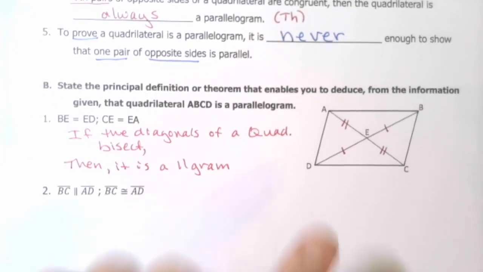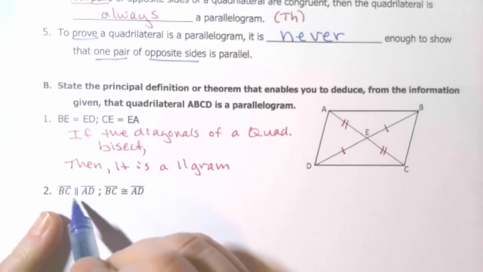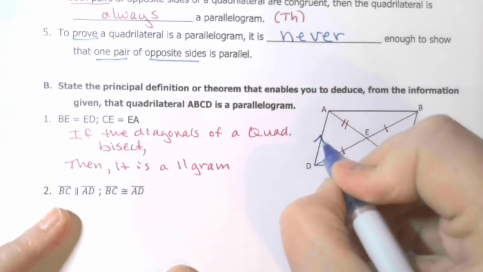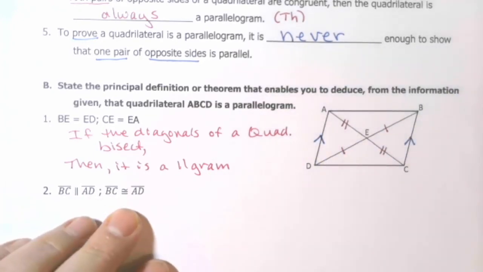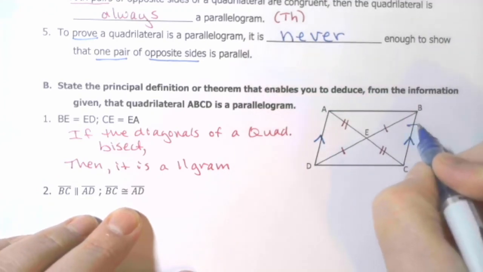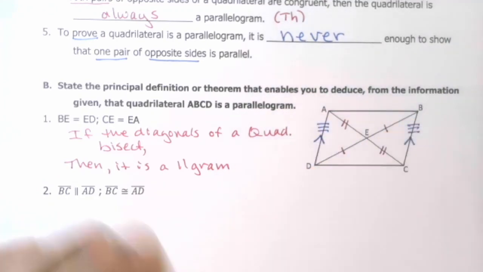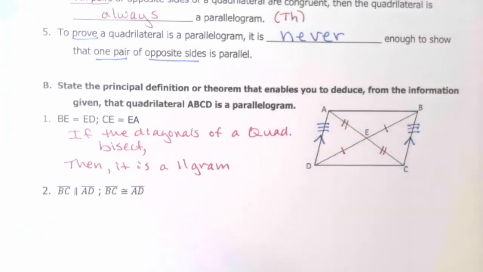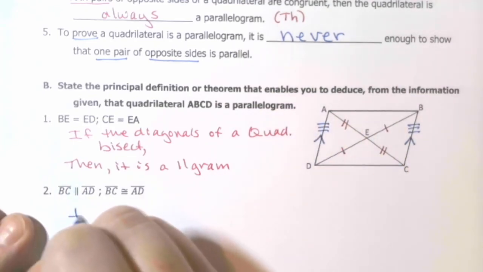Okay, number 2, we'll use the same drawing here. BC parallel to AD, BC congruent to AD. So the same pair is parallel and congruent. So here's our theorem.